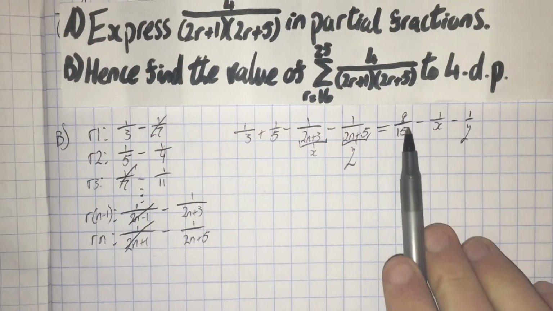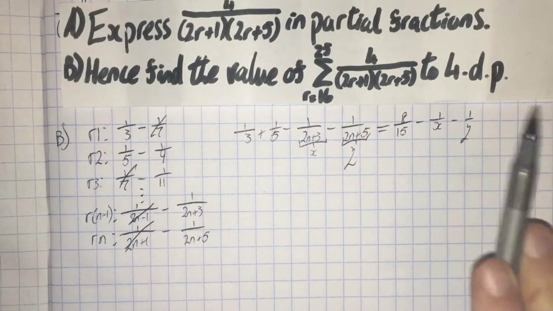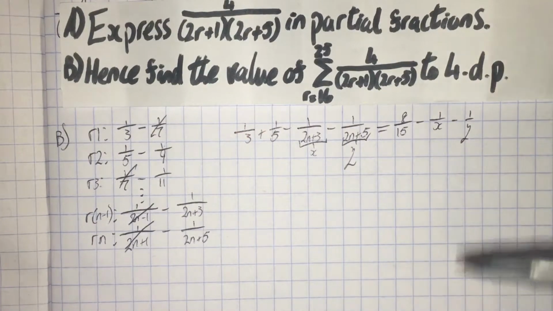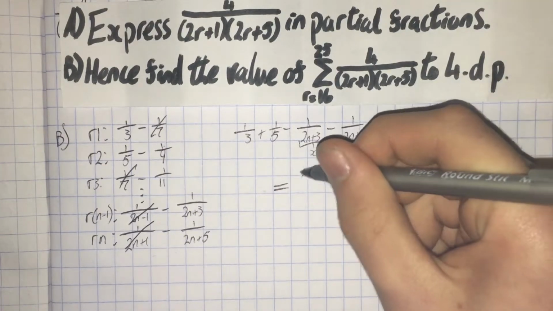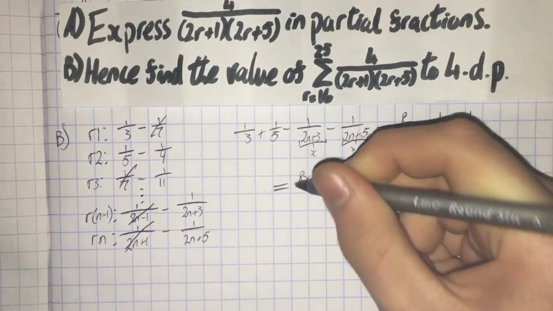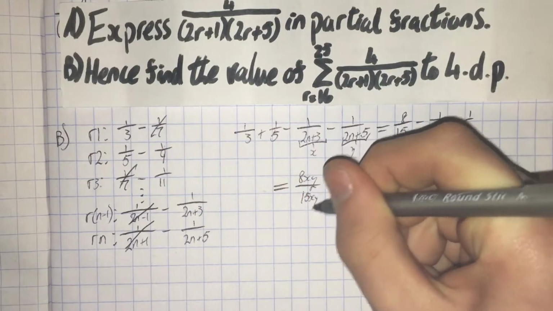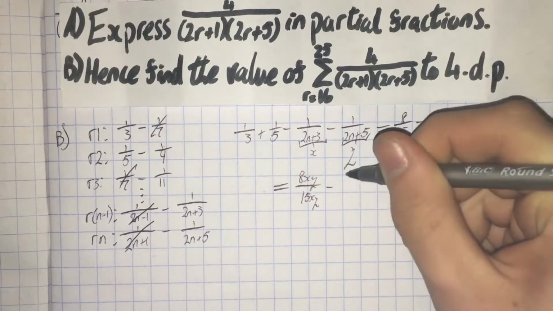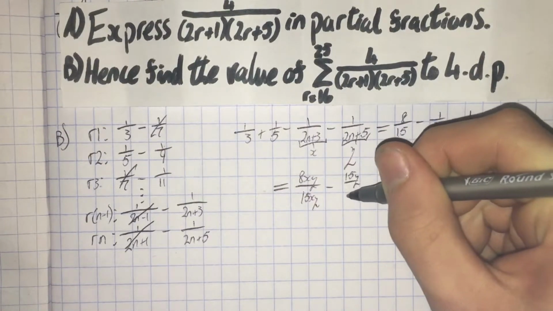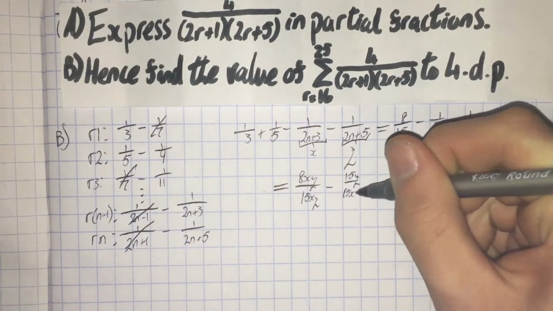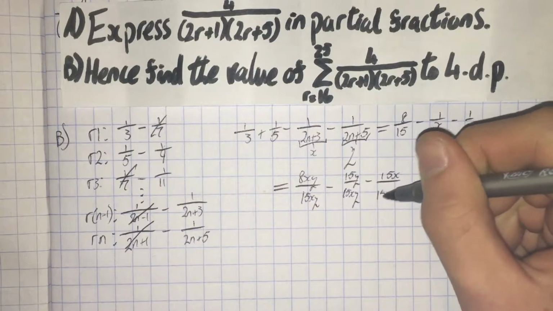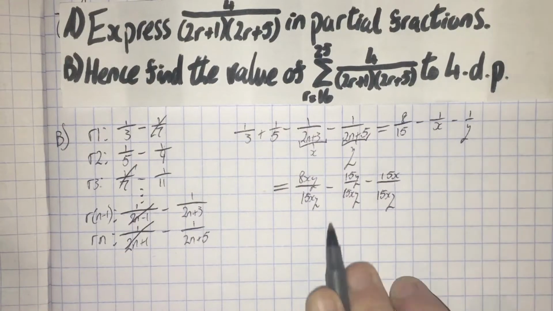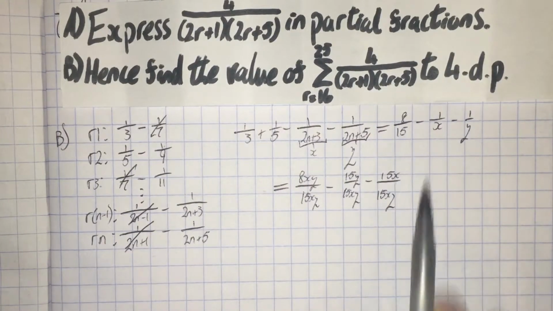So we're going to have to times by 15 over 15, times by x over x, and times by y over y. This shall give us 8xy over 15xy minus 15y over 15xy minus 15x over 15xy, and this simplifies down back to what we originally had.